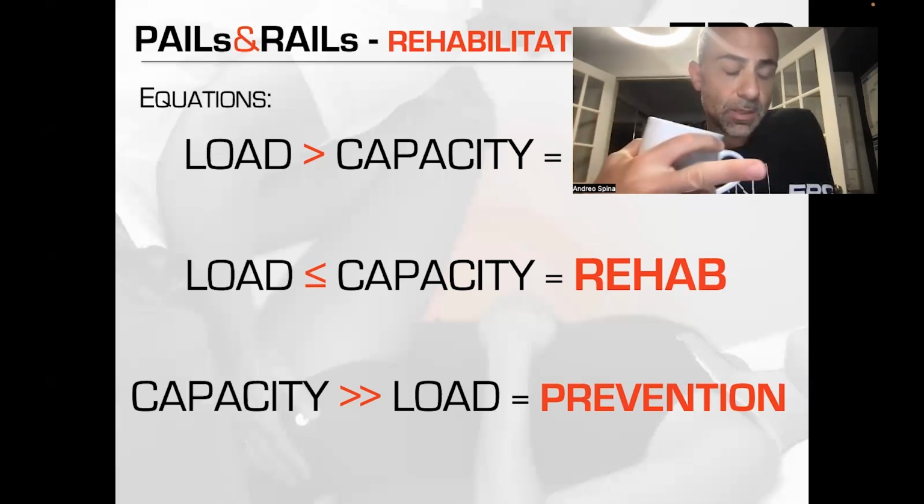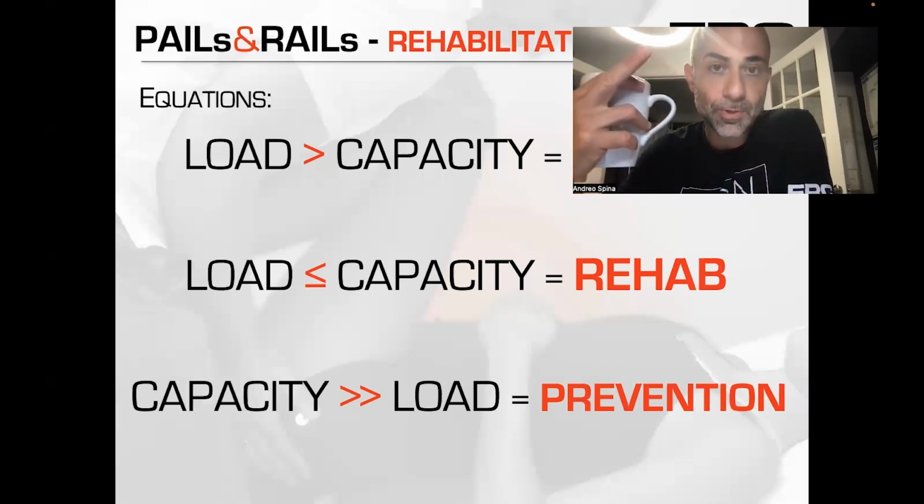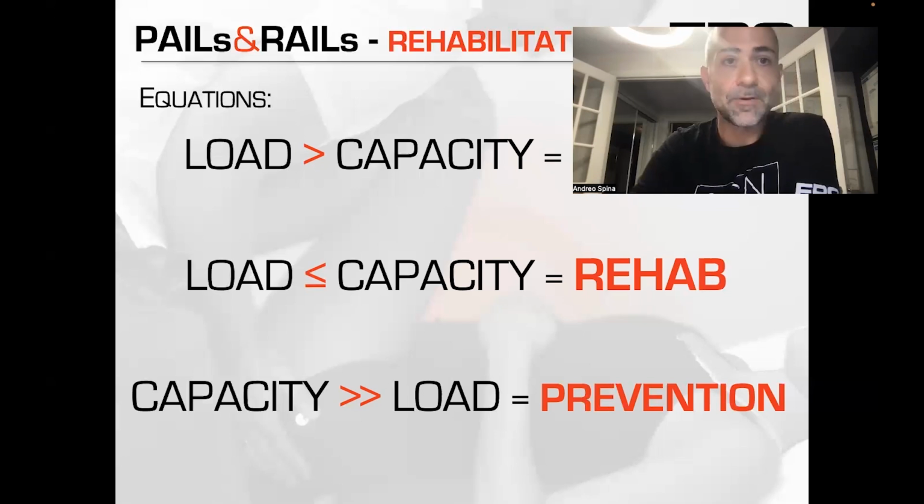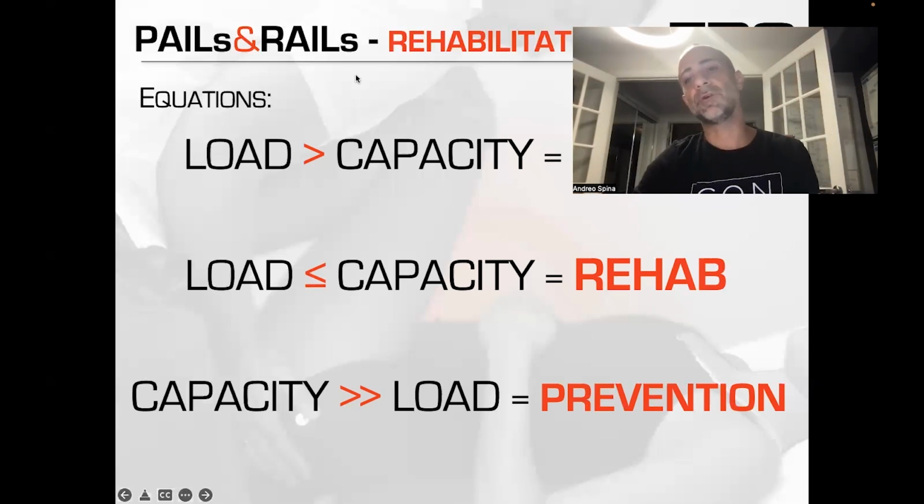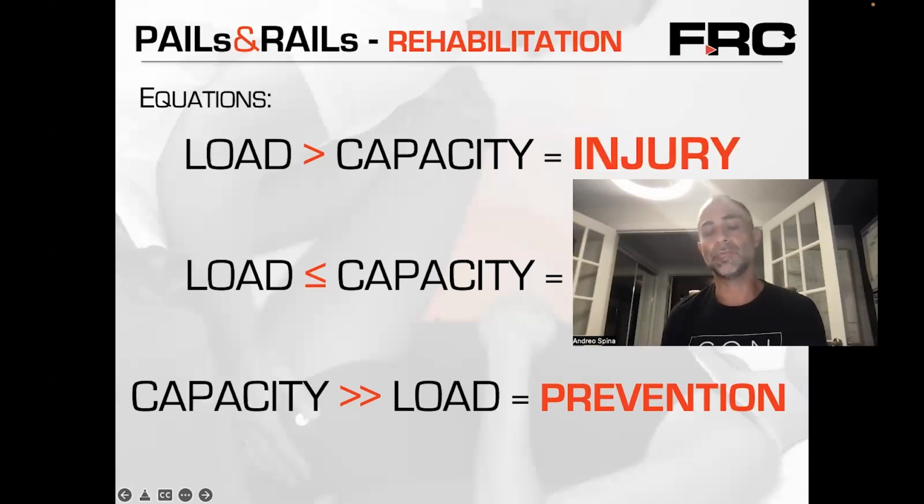But the equations that I've had up the whole time are taken from my Pails and Rails lecture from my functional range conditioning course. And just for the people who can't see it, just to review, injury occurs from a very easy mathematical formula whereby the load that's put into a tissue exceeds the load-bearing capacity of that tissue, which leads to injury.